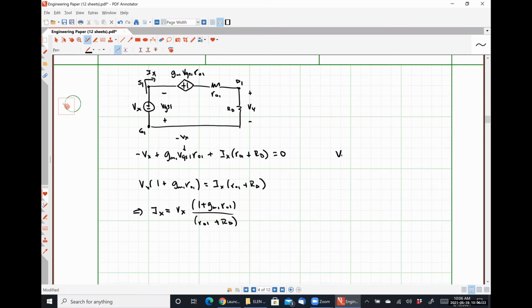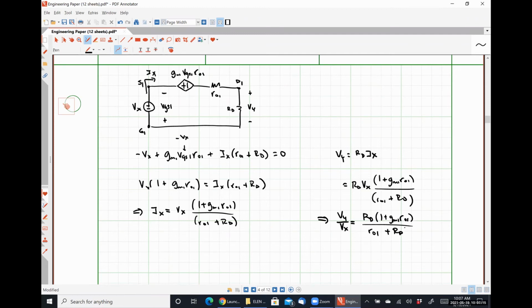Over here, we can say that our output voltage Vy is simply RD times Ix, which means that we have RD times Vx times 1 plus gm1 r01 divided by r01 plus RD, giving us a transfer function Vy over Vx equal to RD times 1 plus gm1 r01 divided by r01 plus RD.